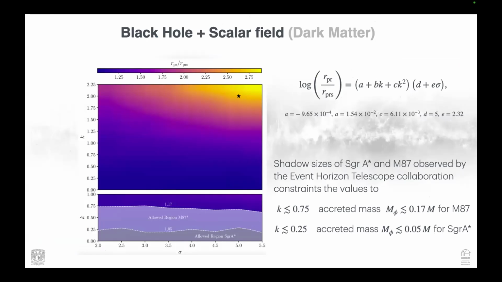So my master student, I forgot to tell you her name, Jennifer, did like 100 simulations changing the amplitude of the wave packet, and also the width, and then we have this plot.